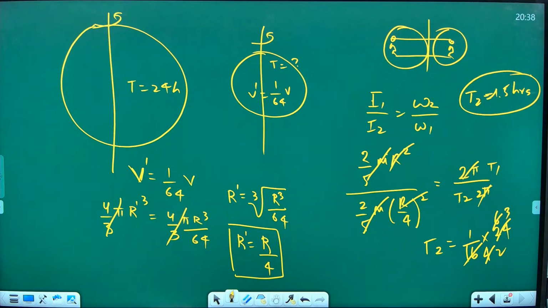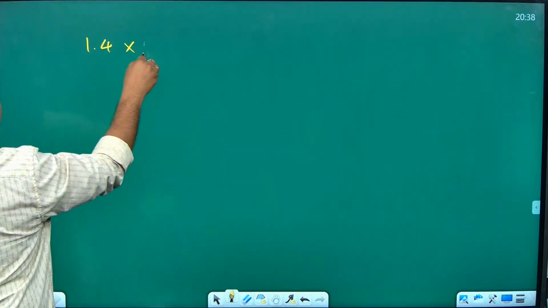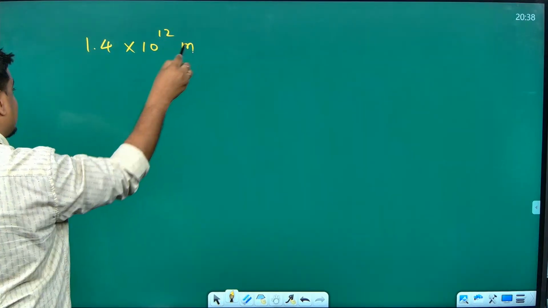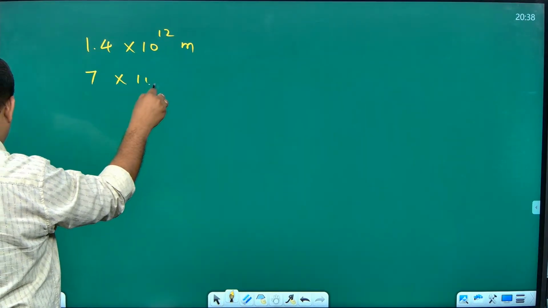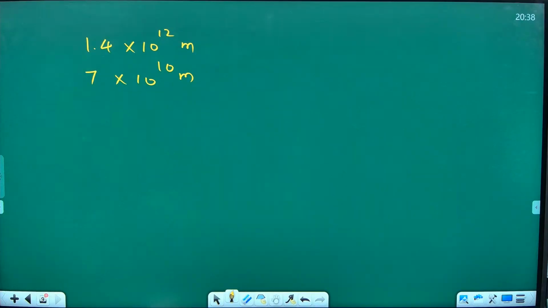Take the question. Maximum and minimum distance of a comet from the sun are 1.4 times 10 to the power 12 meter and 7 times 10 to the power 10 meter respectively.